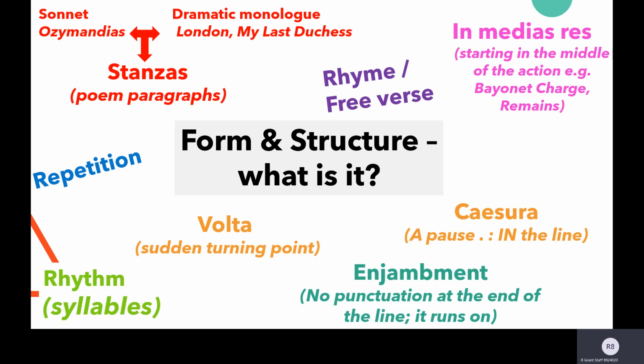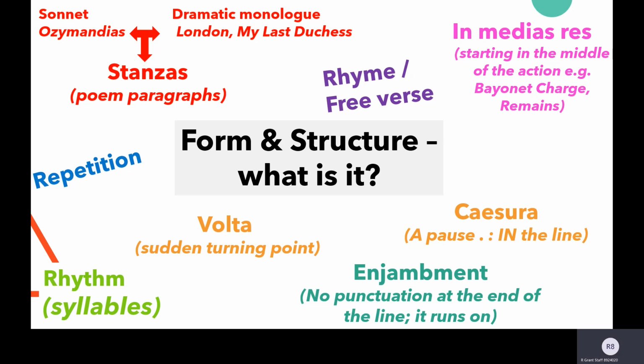In medias res, we've already looked at in Bayonet Charge and Remains, and that's when the poem begins right in the middle of the action. In Bayonet Charge, it starts with "suddenly", and we're placed right there alongside the soldier in the middle of war. We also have enjambment, when there's no punctuation at the end of the line, it just runs on.